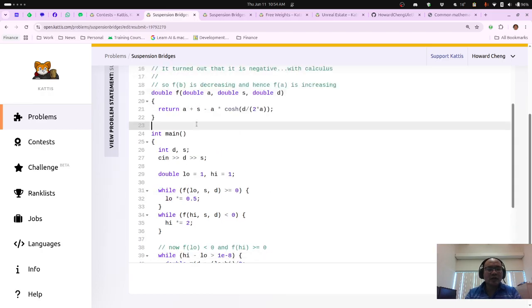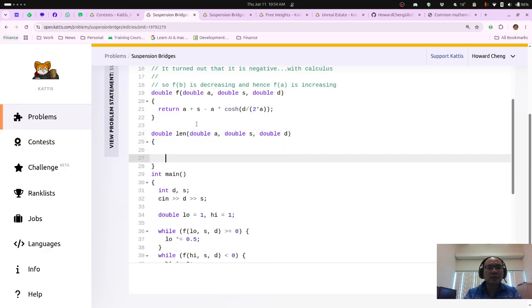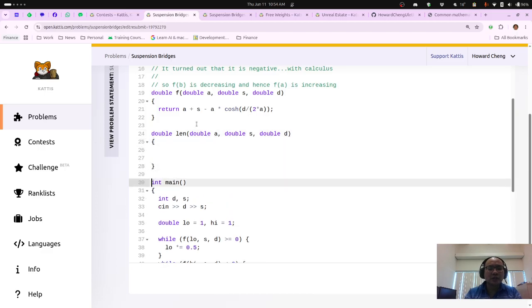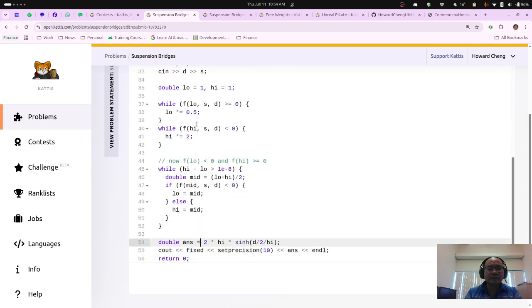So instead, what we're going to do, this is our final answer, which is this function over here. Actually, I guess we don't need s, but we'll put that up here.